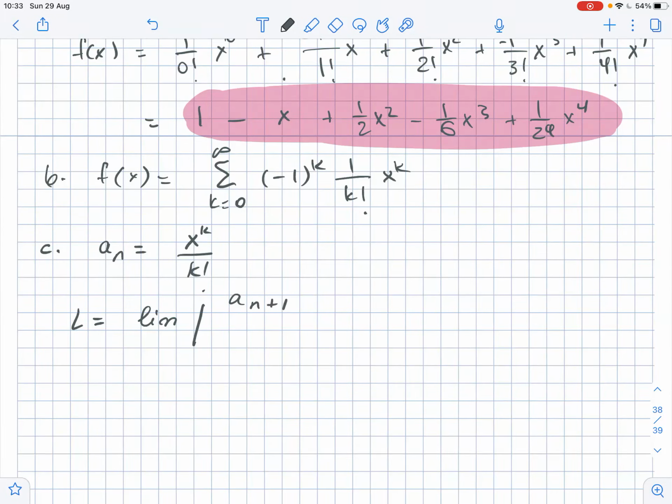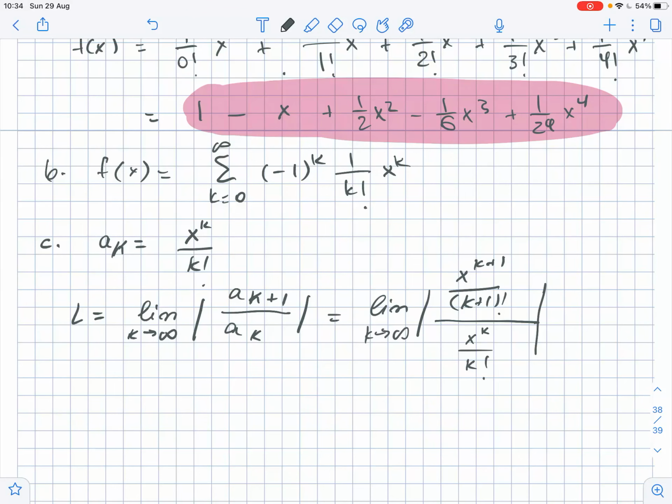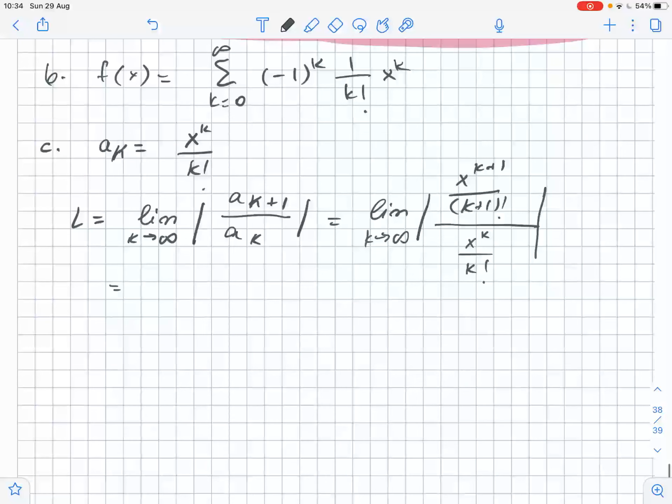Then L equals the limit as k approaches infinity of the absolute value of a_(k+1) over a_k, which equals the limit of the absolute value of x to the power of k plus 1 over (k plus 1) factorial divided by x to the power of k over k factorial, as k approaches infinity.